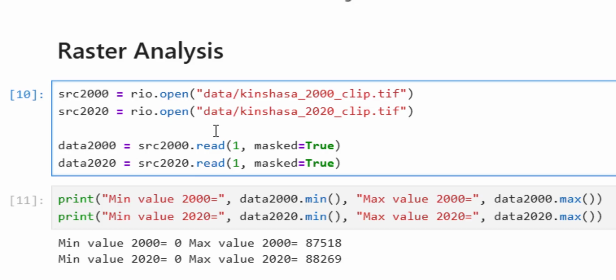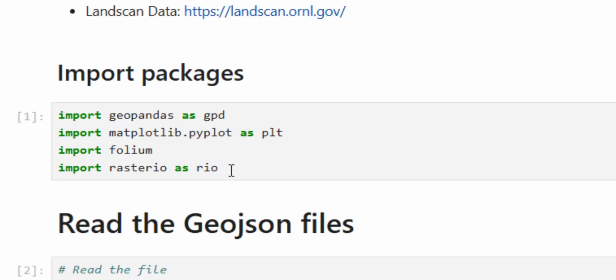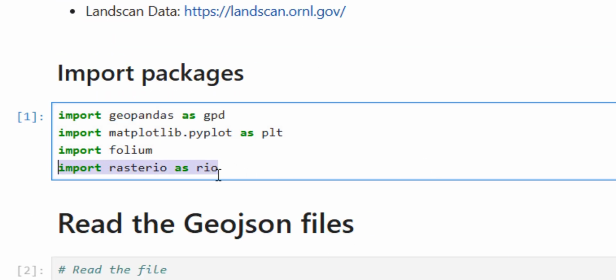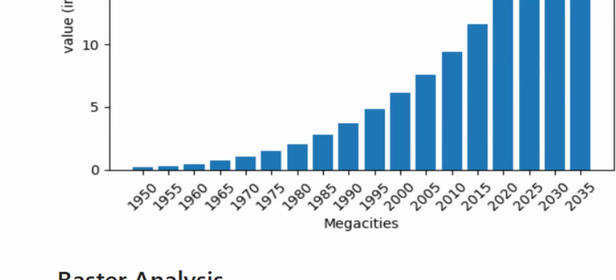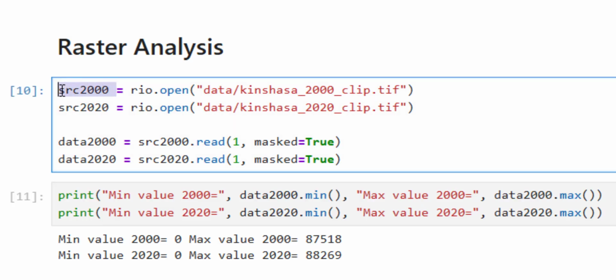To read raster data, we have to use a different Python package. In the beginning, you have imported a package called Rasterio, and we are giving it a nickname, rio. I created a variable src2000, and I'm calling rio.open.